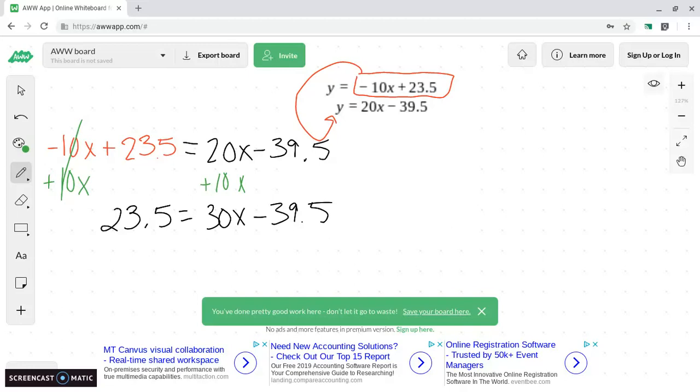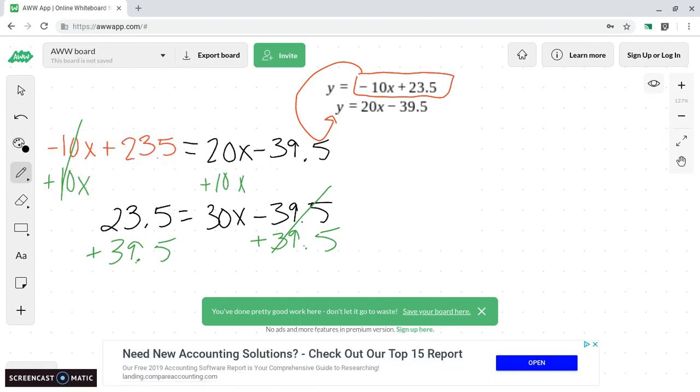The inverse of subtraction is addition, so I'm going to add 39.5 to both sides. Those end up canceling, and we get 63. So we get 63 equals 30x.